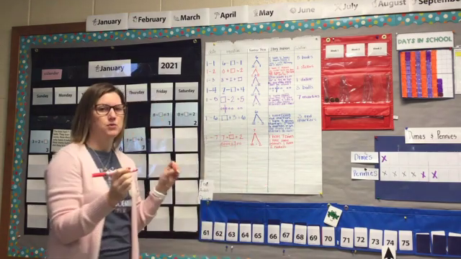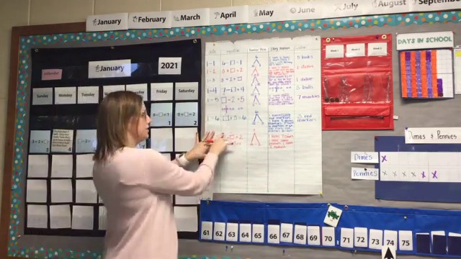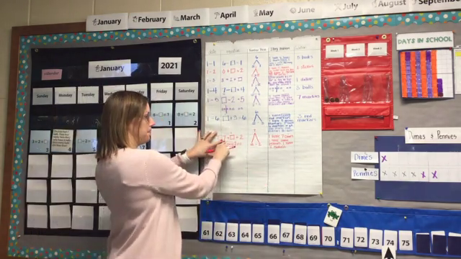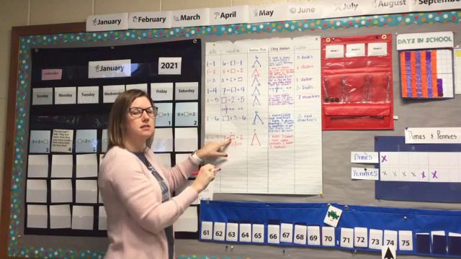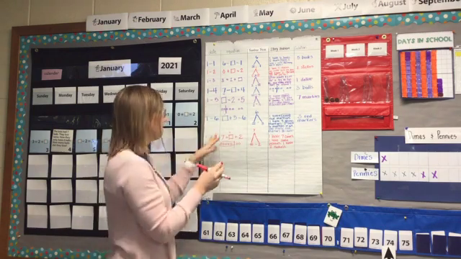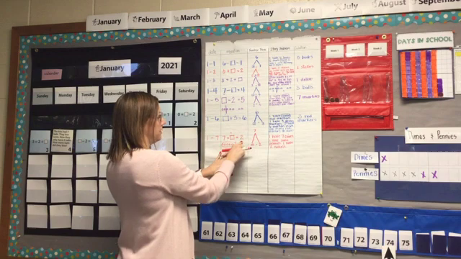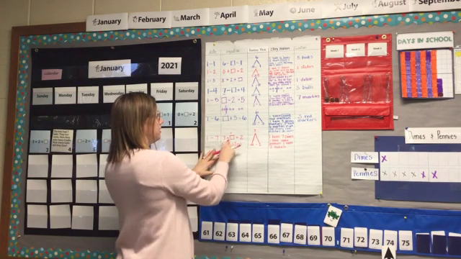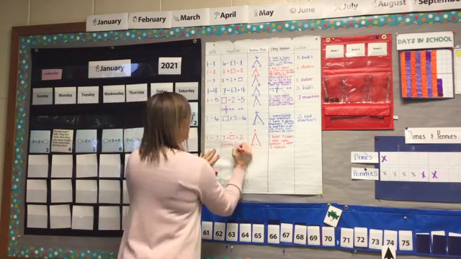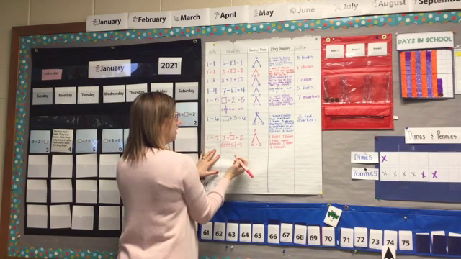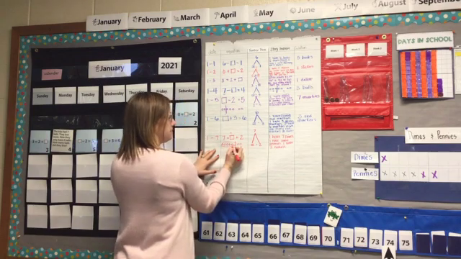Okay, so my story problem says I have 7 coins, I have some pennies, but I don't know how many, but I have 2 nickels. So if you look at my picture here, this is a nickel, this is a nickel, and these are my pennies.